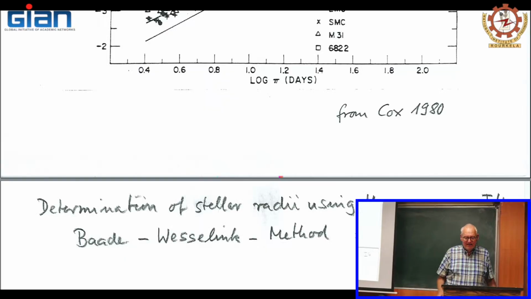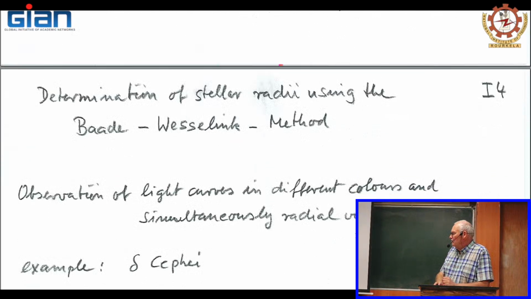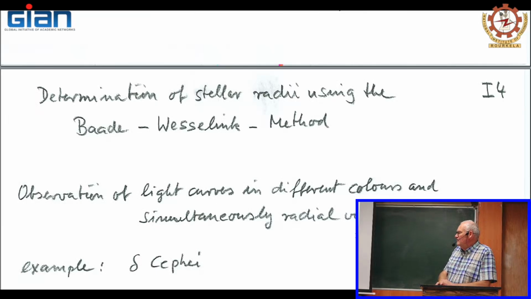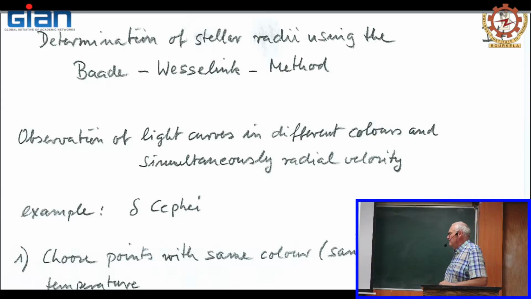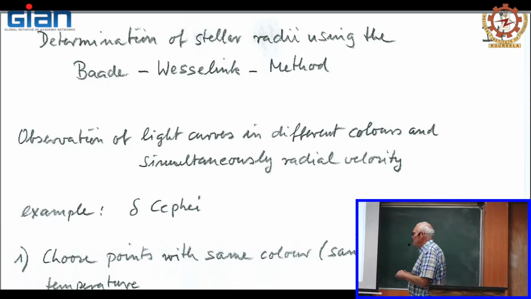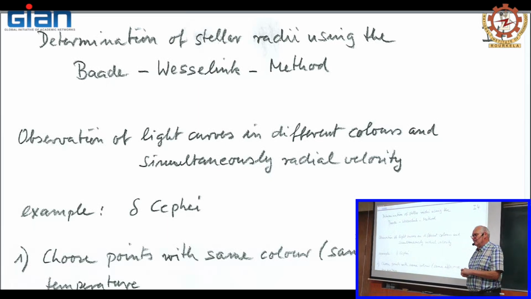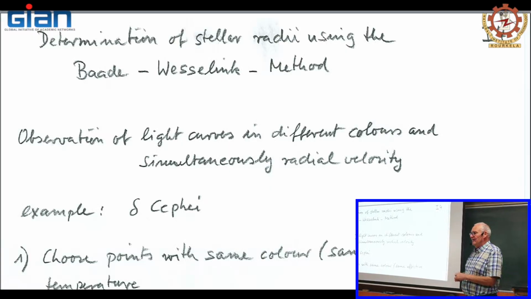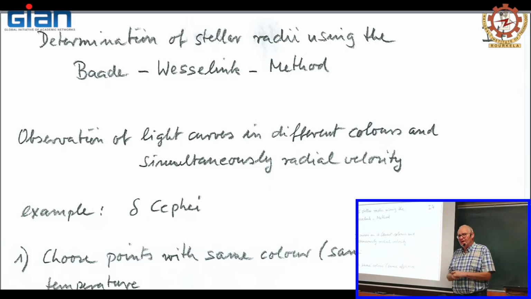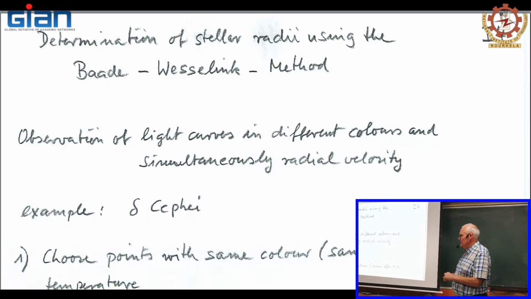What is the idea behind this Baade-Wesselink method to determine the stellar radius once the star is pulsating? What one has to observe are light curves, that means the luminosity or the brightness of the star in different colors, and simultaneously take a spectrum and determine the radial velocity.